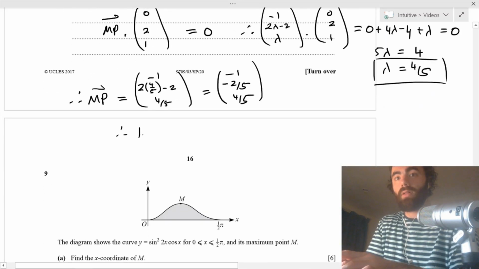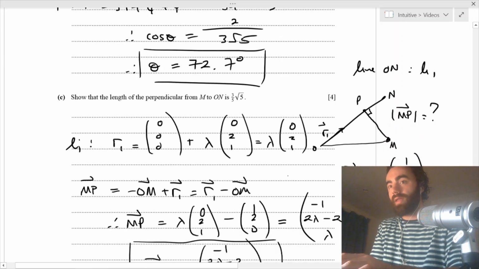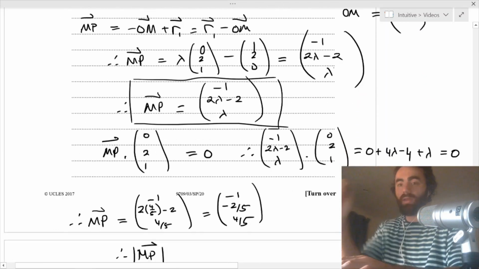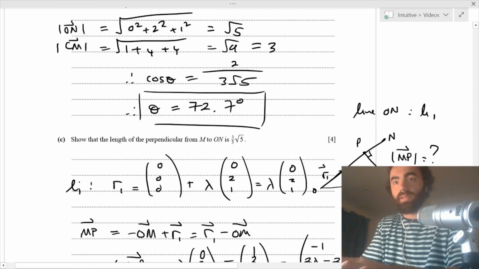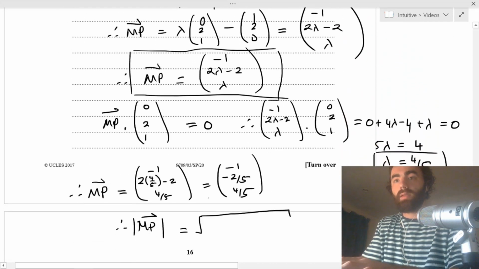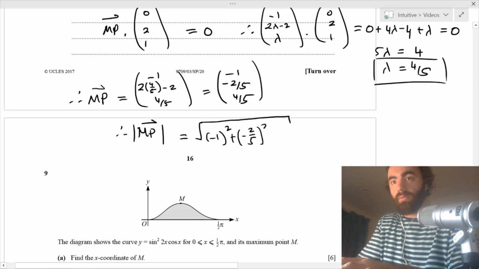So the length of MP, because MP is our perpendicular length from N to the line ON, P was the point that I decided, is equal to the square root of, and remember we want to show that this is this, -1 squared plus -2 over 5 squared plus 4 over 5 squared.